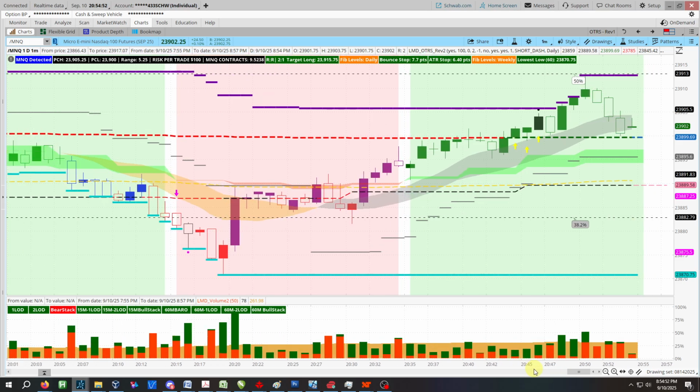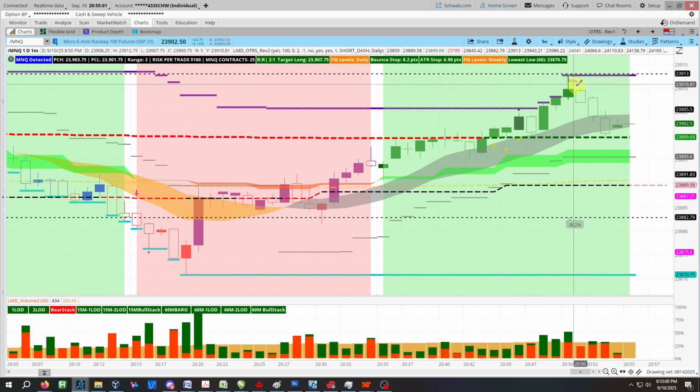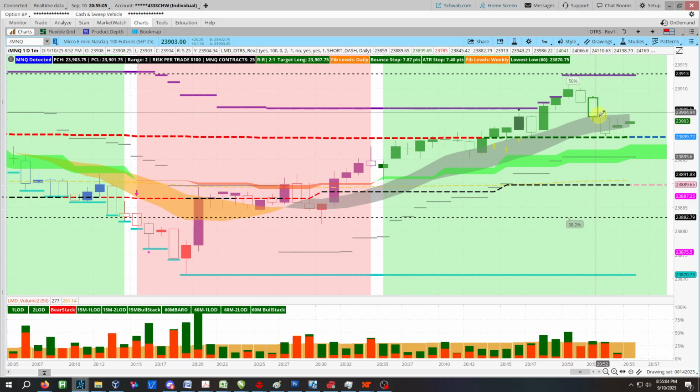And if I bring this out so that the 50% is not hiding it, look at what the market did, y'all. It made me look like a genius. It came right up to 23,913 and rolled all the way over. So had I took this trade, let's highlight that candle. That candle is showing 3 points worth of risk.